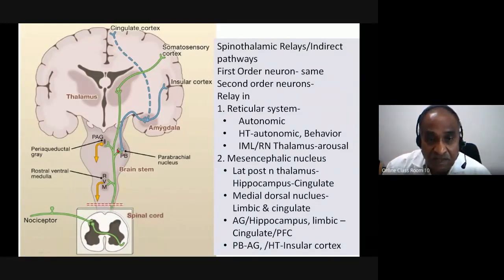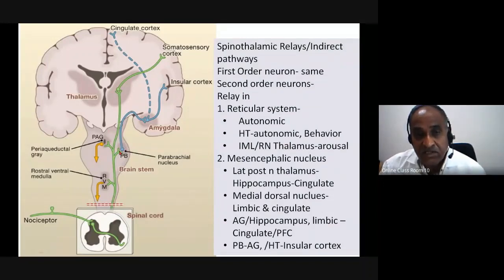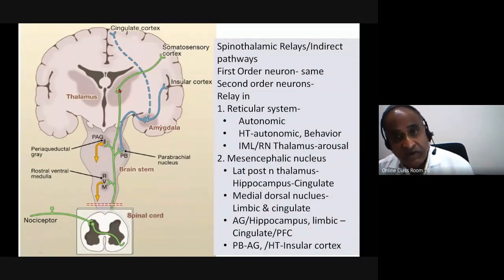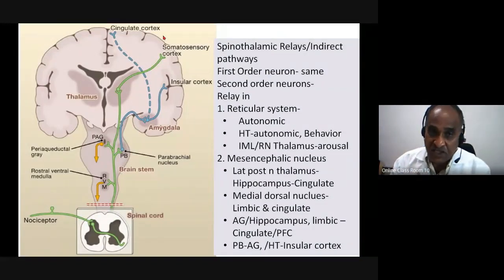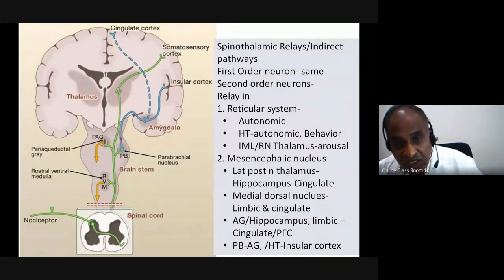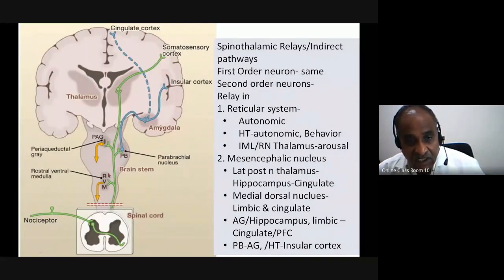Okay, so from here, the green fibers reach the VPL, the ventroposterolateral nucleus of thalamus. And from here, it will go to the somatosensory cortex area 3, 1, 2. That tells the position of whatever sensation is originating. Then we have the relays here, the reticular system, that is not shown.